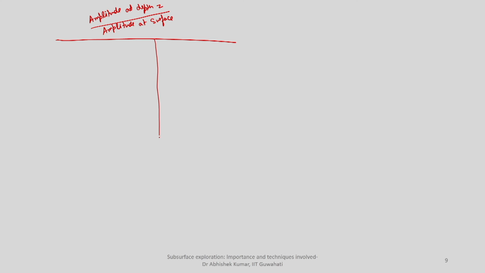So, if I put it here, amplitude at depth z to amplitude at surface. Again, this is causing two kinds of motions, one the vertical component, one the horizontal component.